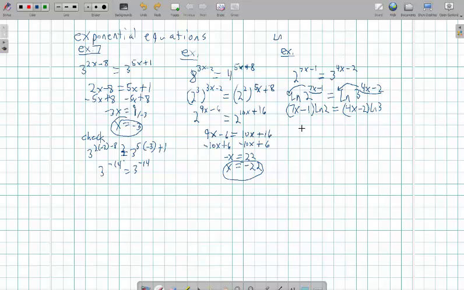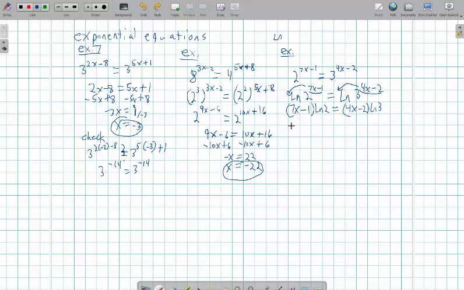And that may look nasty, and in fact our work for this is going to look a bit nasty. But realize here we've just got a number times a parentheses and a number times a parentheses. This is just a linear equation. So now all I have to do to solve this is solve it like a linear equation. In linear equations you simplify, you remove parentheses, then you get all your variable terms on one side, then you divide out the coefficients on the variable.